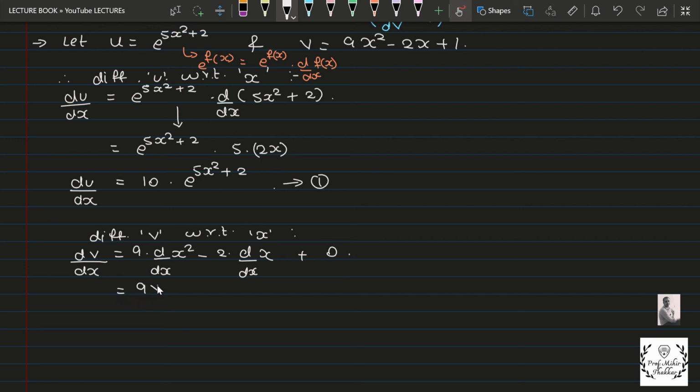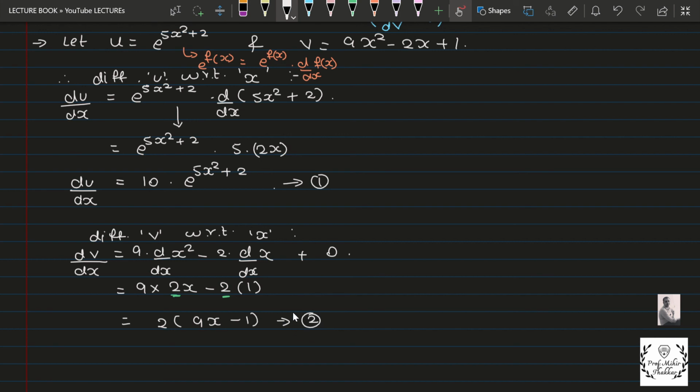So it is 9 multiplied by 2x minus 2 multiplied by 1 plus 0, whether you write or don't write, it is your choice. If you observe carefully, 2 is common element to both the terms over here. Therefore, I write over here 2 common and 9x minus 1.